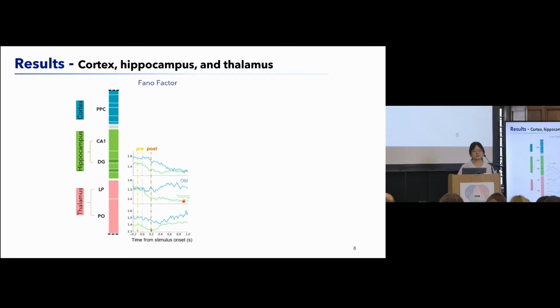But we observed an opposite pattern in the CA1 brain region of hippocampus. And we didn't find a significant group difference in the PPC brain region.